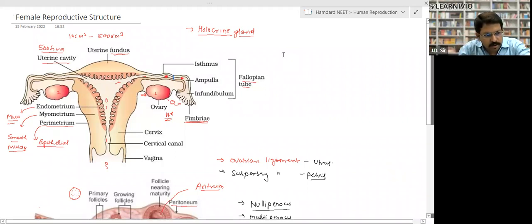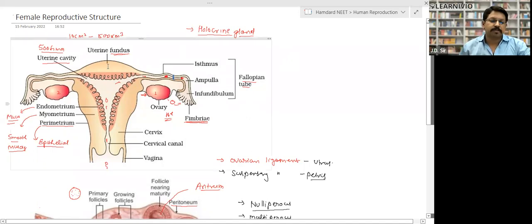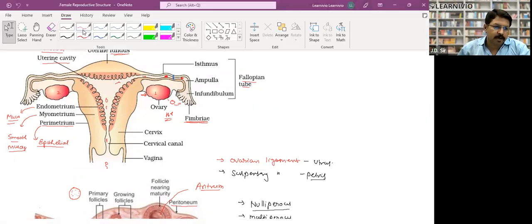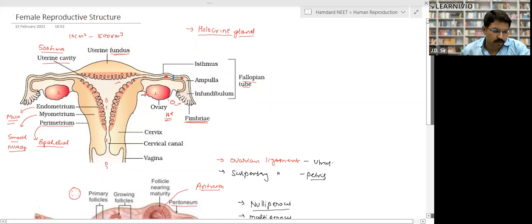Yeah, sure. Look, I said that this complete part is the uterus, the female reproductive structure. The wall of the uterus is made up of three kinds of tissues: perimetrium, myometrium, and endometrium.